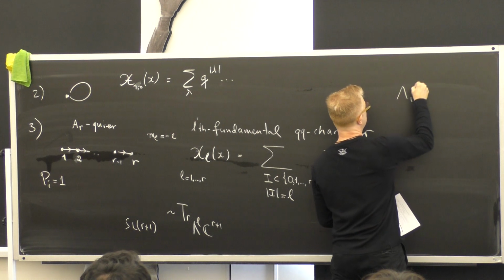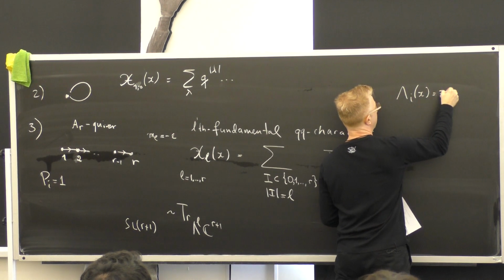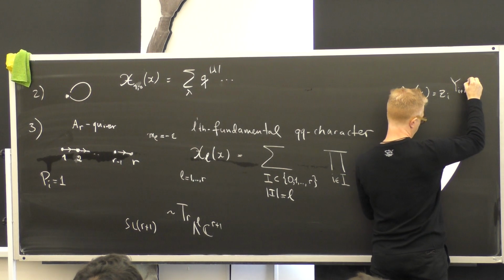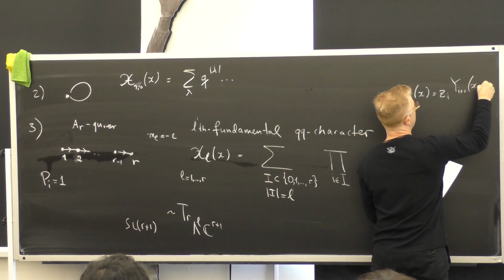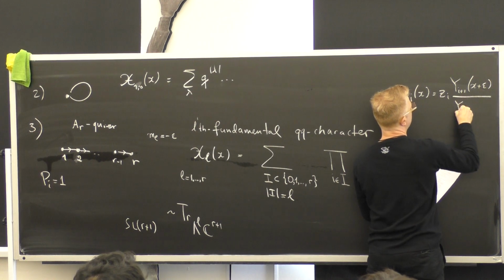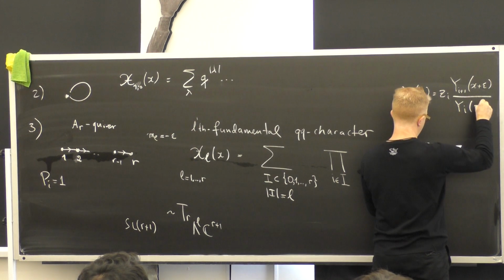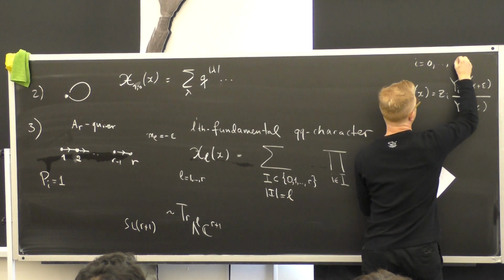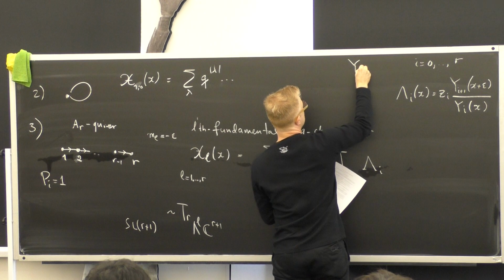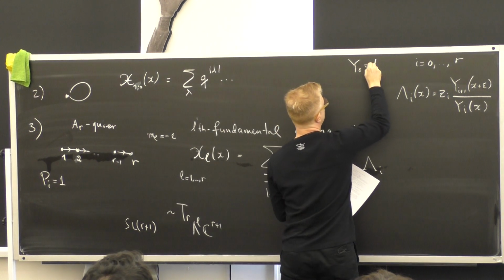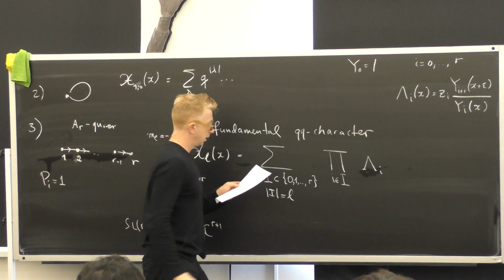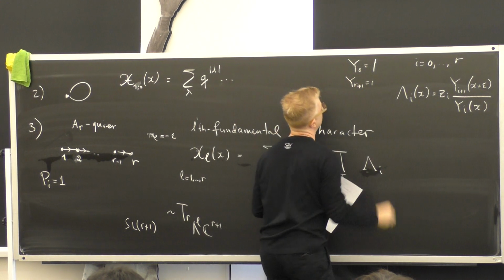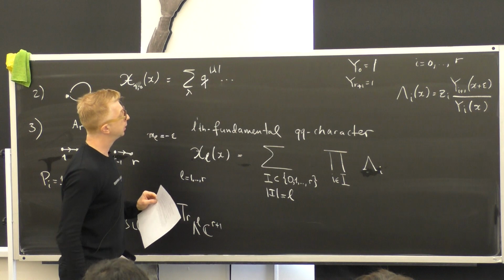So lambda i of x, this is the ratio of y's. i goes from 0 to r, and so my notation is that y0 is equal to 1, and y r plus 1 is equal to 1. This normalization.